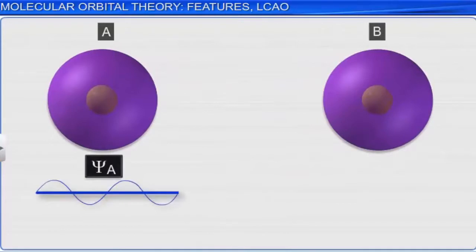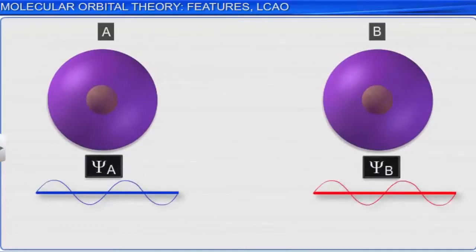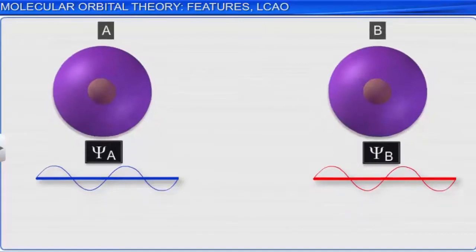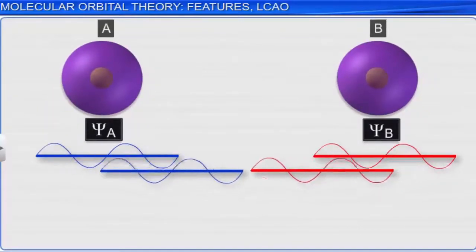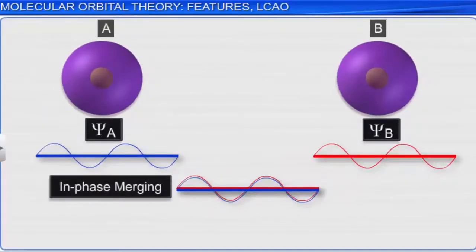Now, there are two ways to add the wave functions. One is when these wave functions are in phase, either both plus or both minus. And the other is when the two wave functions are out of phase, one plus and the other minus.